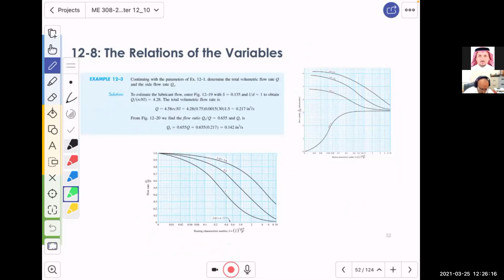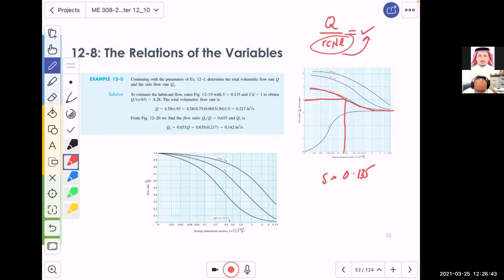We are asked for L over D equal to 1 and S, if you remember, which was 0.135, to find what? The dimensionless flow rate, which is Q divided by R, C, and L. Again, if you know this ratio, you can multiply to find the Q. Good?